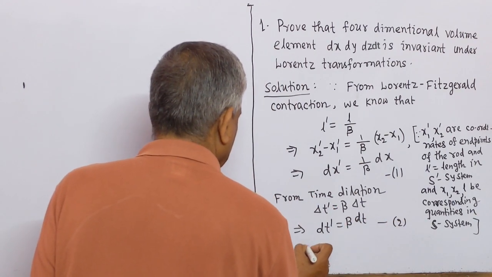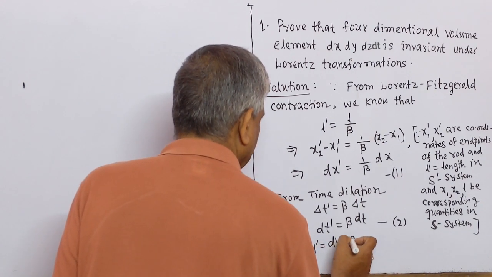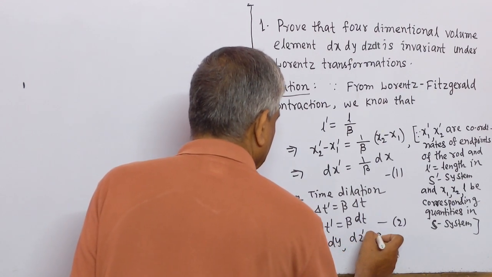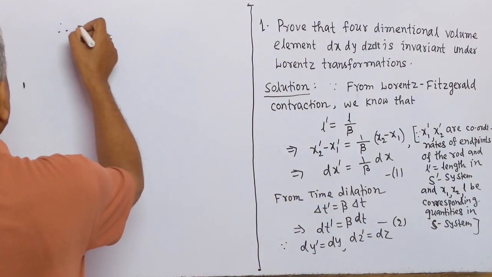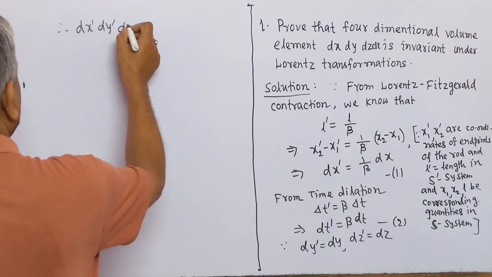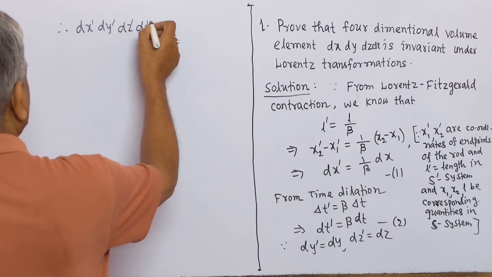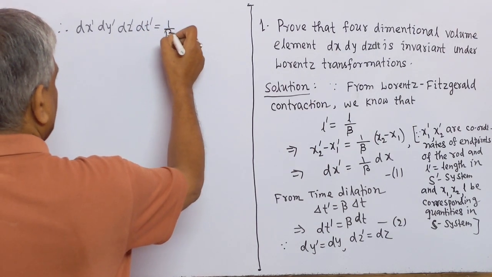Since dy prime equals dy, dz prime equals dz, therefore dx prime, dy prime, dz prime, dt prime equals 1 by beta dx.